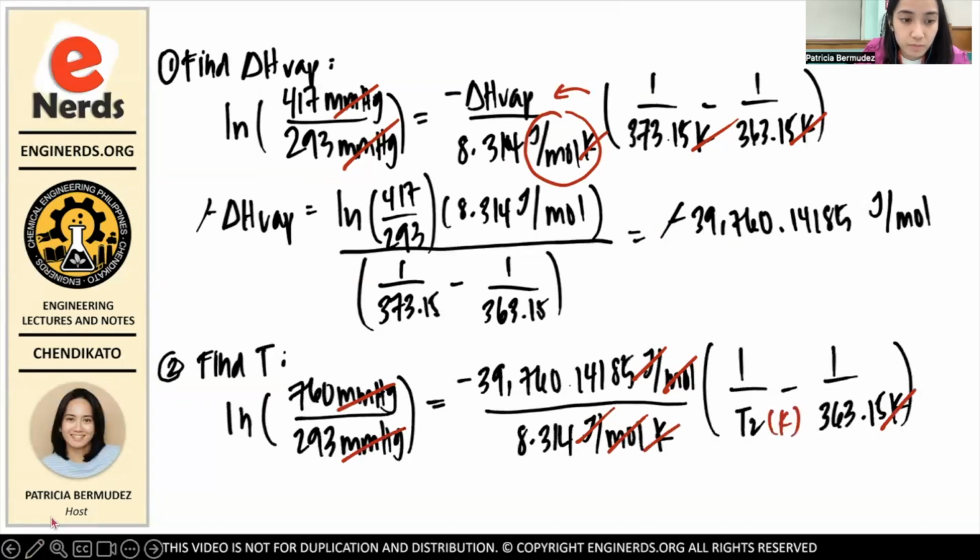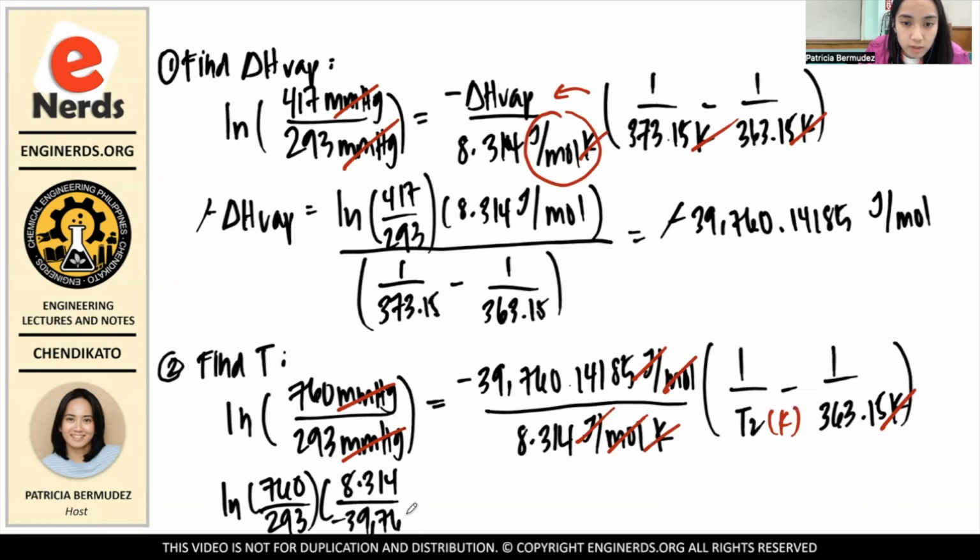Okay? So, if you want to isolate T2, ang mangyayari dito is ln 760 over 293 multiplied by 8.314 over negative 39,760.14185. Okay?